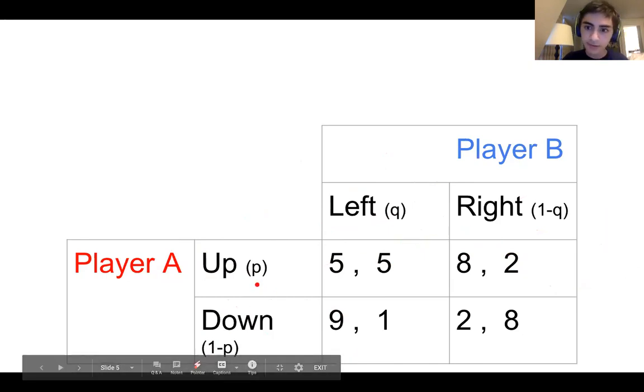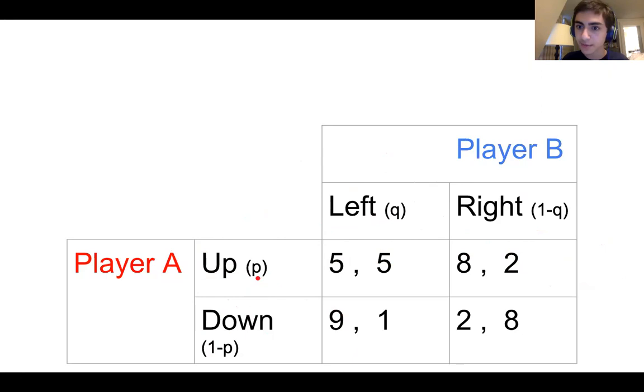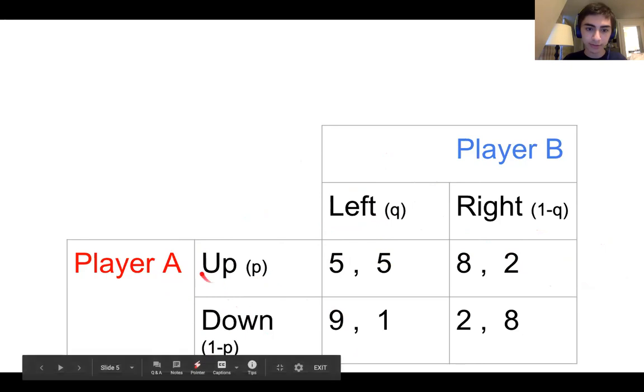We denote the chance that player A chooses up as P. P is just some number from 0 to 1, and it's just a percent. If P is 0.25, then player A is going to choose up with 25% chance. Then 1 minus P is the other part, so it would be 0.75 or 75% chance.